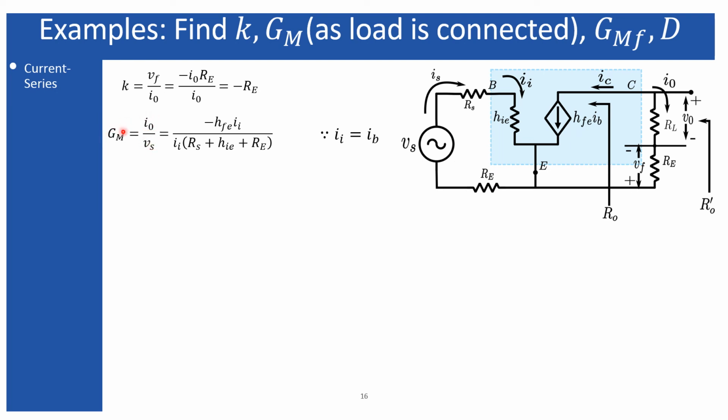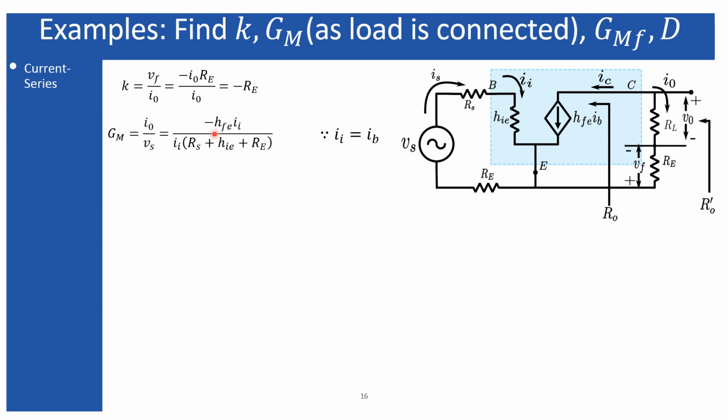So GM defines the open loop with load transconductance gain, and Io is minus hfe times Ii, because Ii is equal to Ib, all are in series. So hfe times Ib is equal to hfe times Ii. Why minus? Because the directions of Io and hfe times Ib, or hfe times Ii, are opposite to each other.